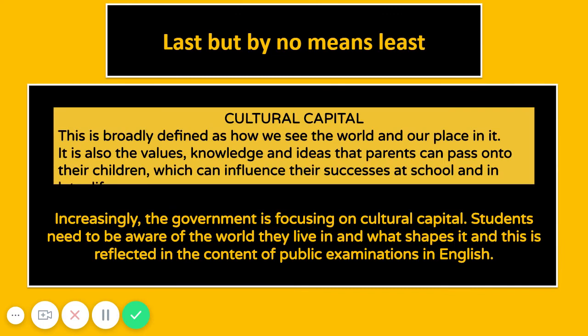And lastly, one of the main focuses for us over the last few years is really to expand our students' cultural capital. Increasingly, the government is focusing on cultural capital, and students do need to be aware of the world they live in and what shapes it. And this is actually reflected ultimately in the content of public examinations in English. So what I would encourage you to do is to make sure your son always has a challenging reader.